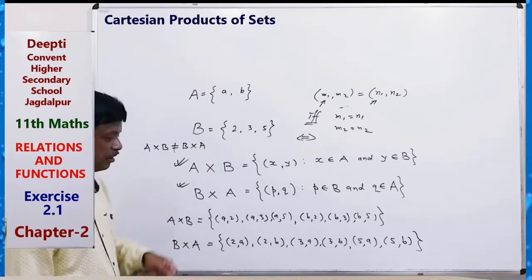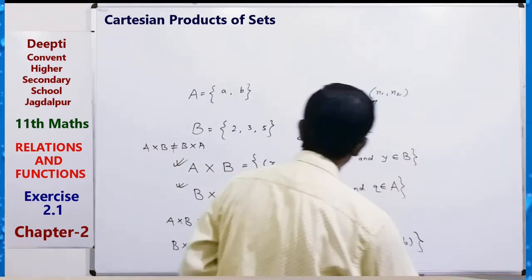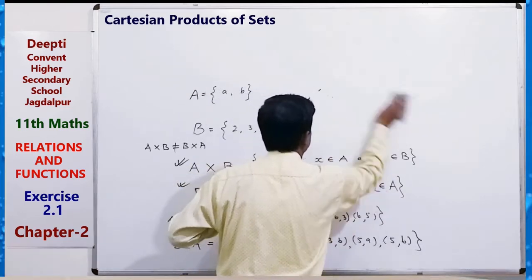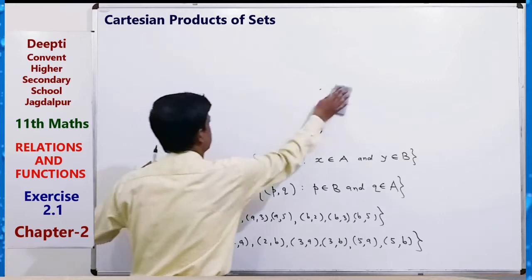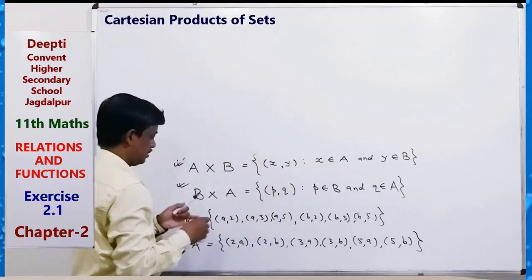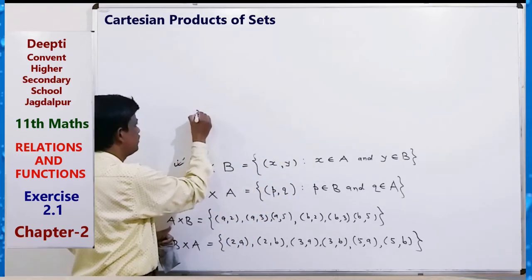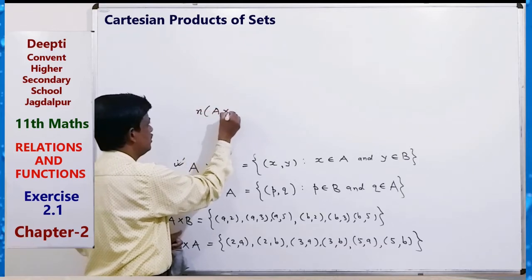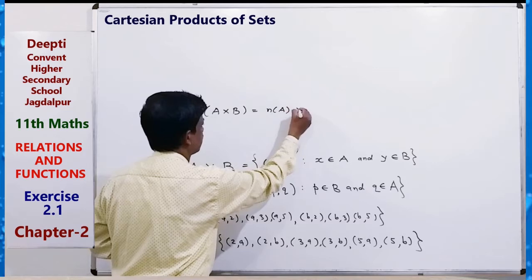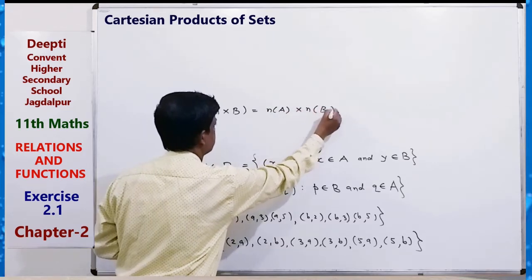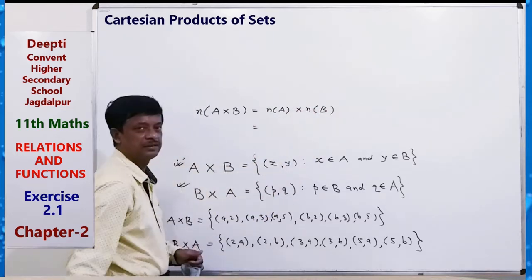Means the number of elements in A cross B equals what? The number of elements in A times the number of elements in B.